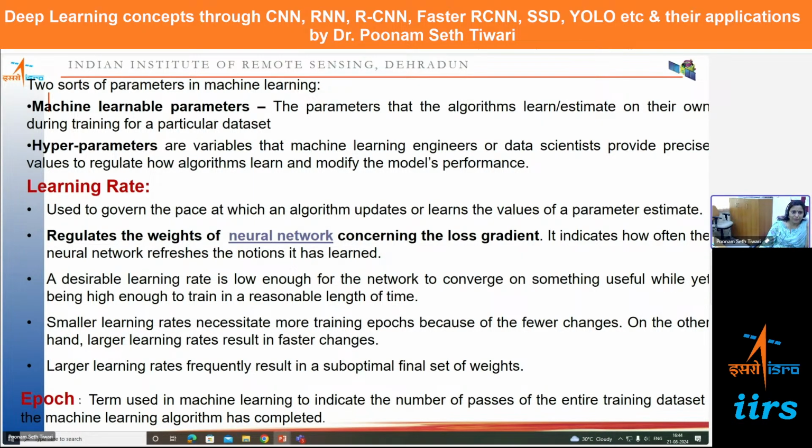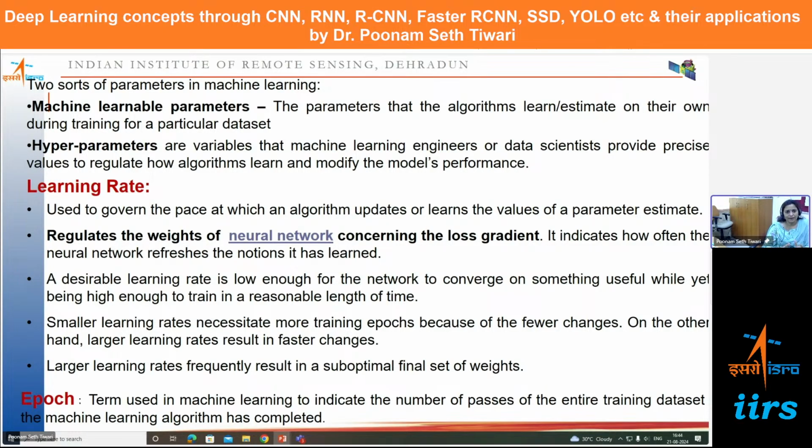The different hyperparameters are learning rate, epochs and so on. Learning rate means how the neural network is learning or updating its parameters. It regulates the weights of the neural network with respect to the loss gradient.